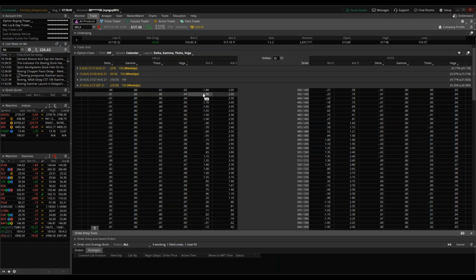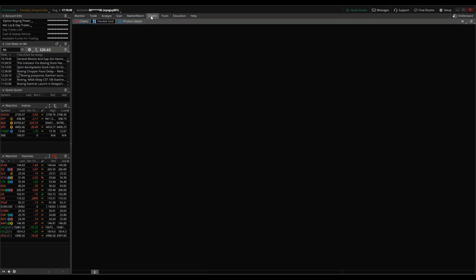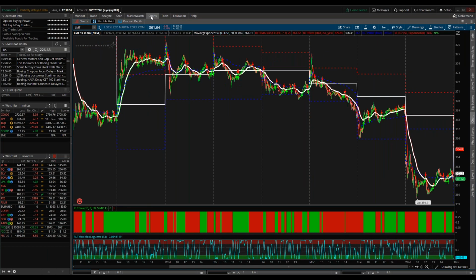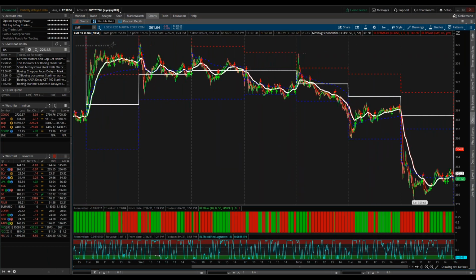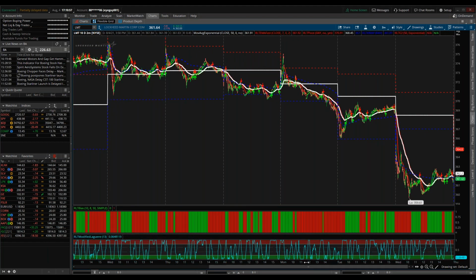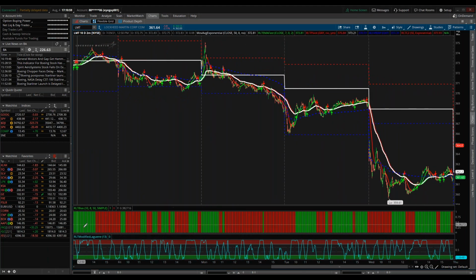Now, I actually was looking at a trade, and I was looking at the volatility. Here's the charts. I was looking at Lockheed Martin, and let me open it up.